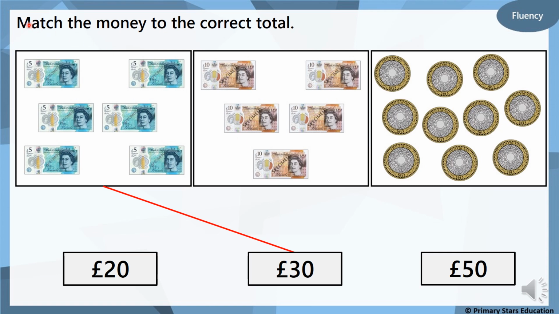It's £50. And let's look at the last box. Remember, we're counting in twos because they are £2 coins. So the value is £2, 4, 6, 8, 10, 12, 14, 16, 18, 20. So we're going to draw that line to the last box.